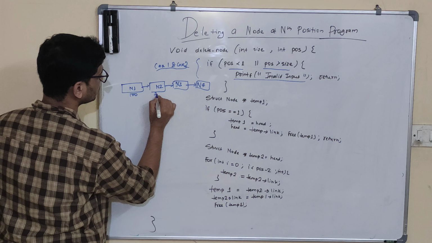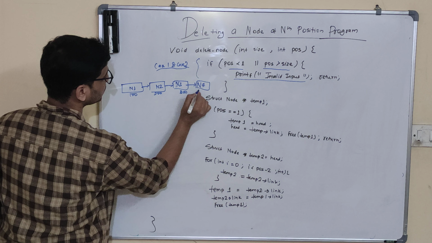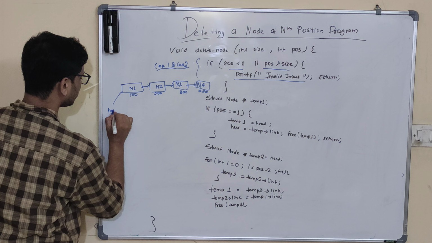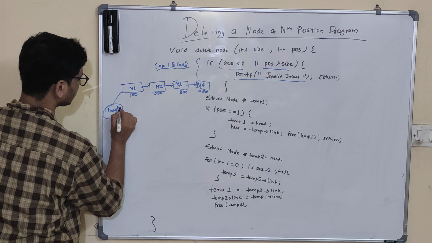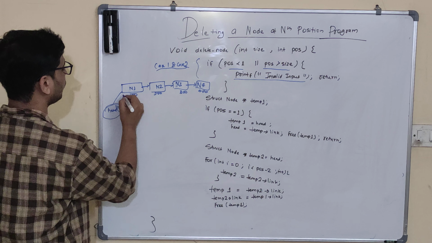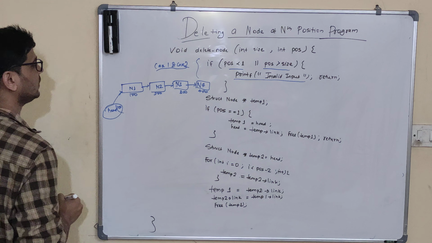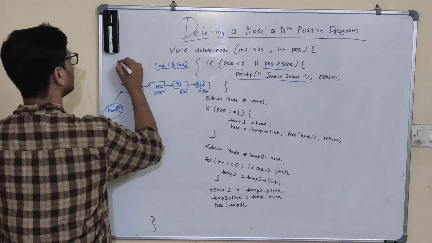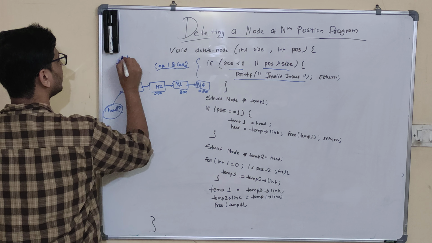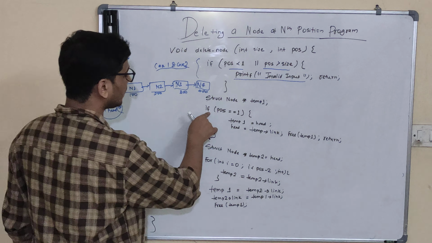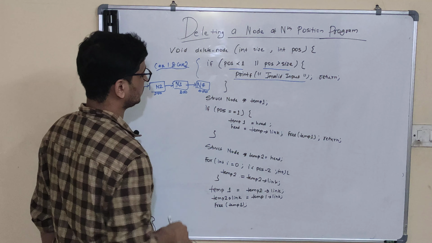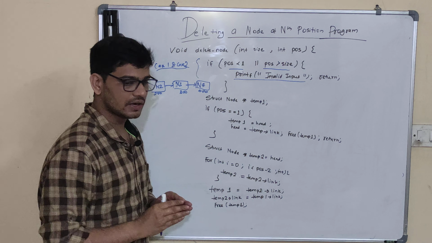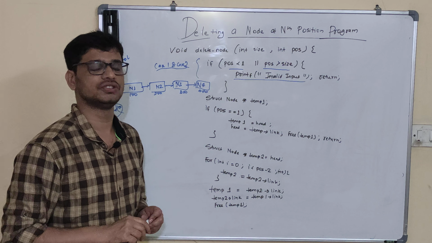This is 100, this is 200, this is 300, this is 400, and this is our head pointer containing 100 and pointing to the first node of the linked list. What I am doing here is declaring a pointer, temp1. Right now I am not filling it. A line below it, I am checking whether position is equal to 1 or not. If our position is equal to 1, that means we want to delete a node at first position.